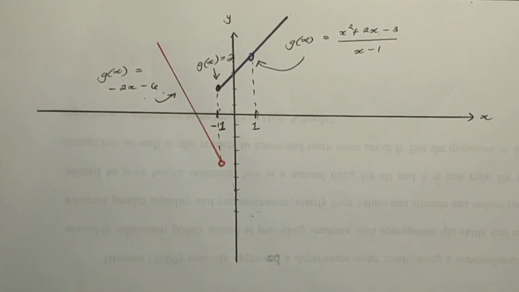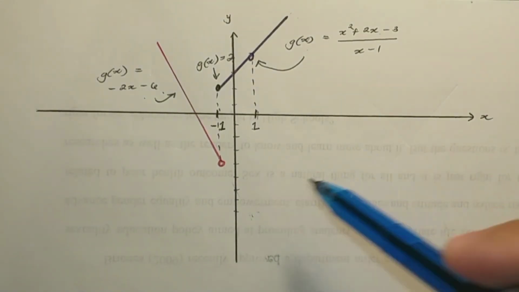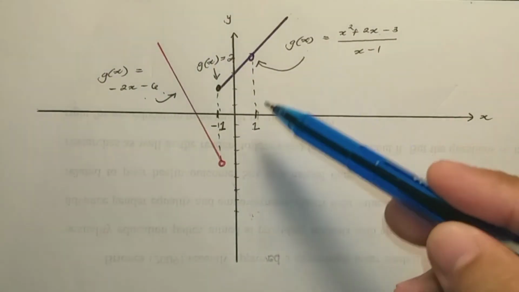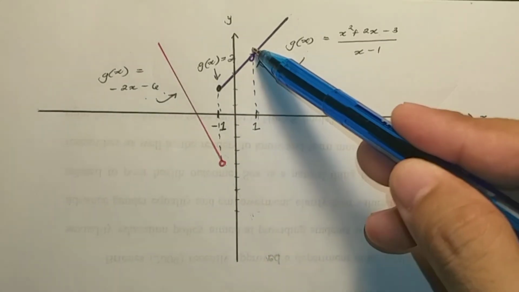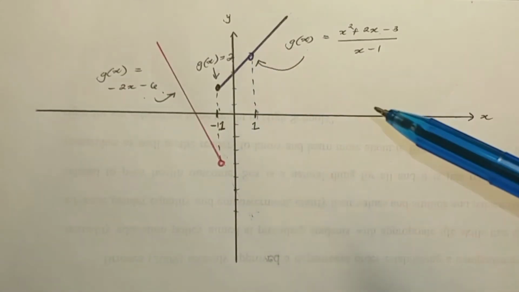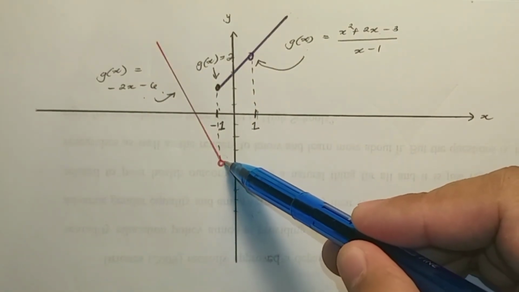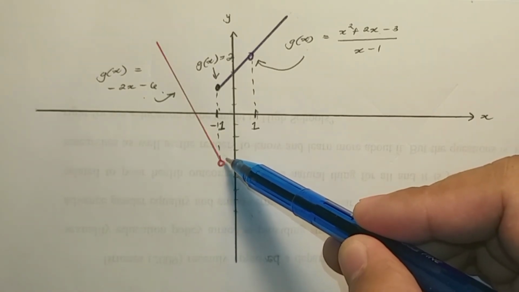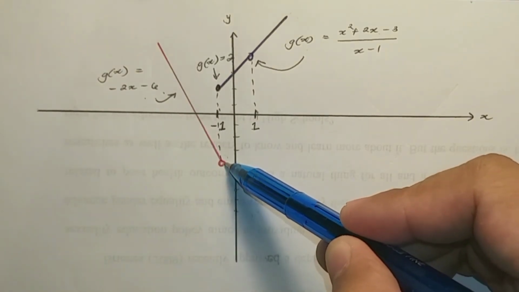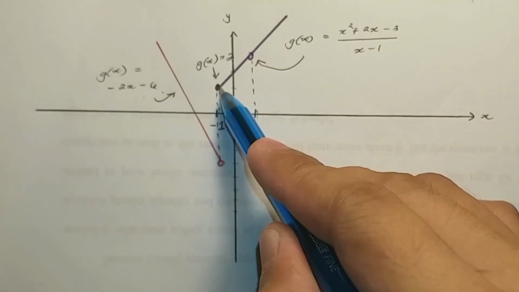As we can see in the graph, there are two holes here. This is the first hole and this is the second hole. For this point here, although the graph has a hole, g is defined at this point.